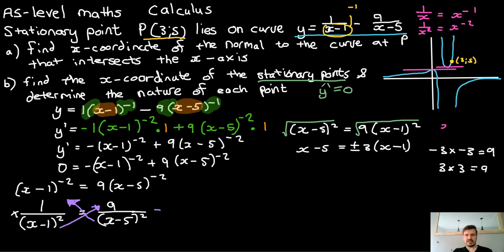Okay, and this is now going to give us the two x values of our turning points. So we can do them each individually. x minus 5 equals, let's do the plus first, so that'll be plus 3. Let's do the negative next. So it'll be x minus 5 equals minus 3.